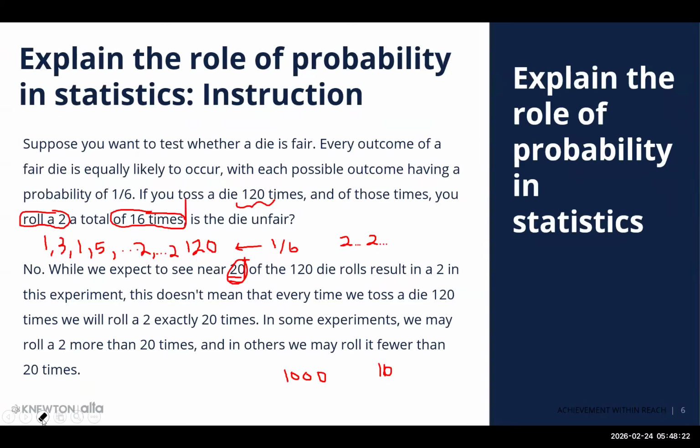Let's say 167 just because it's a whole number, right? And let's say that you do roll it 1,000 times and actually only 50 times does the two come up.